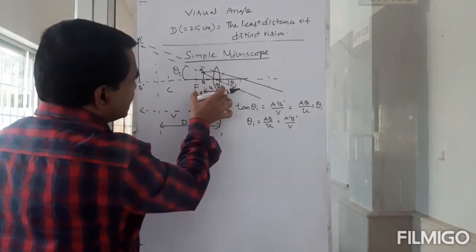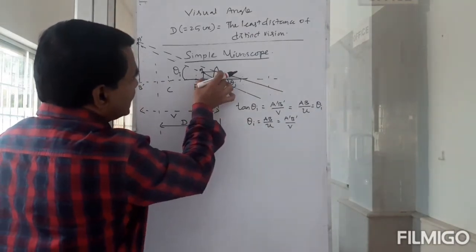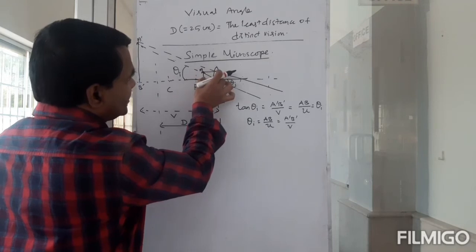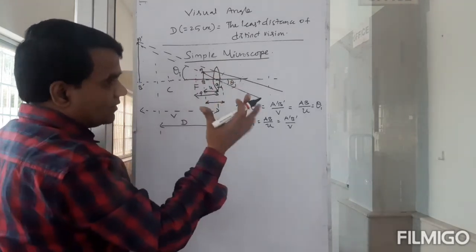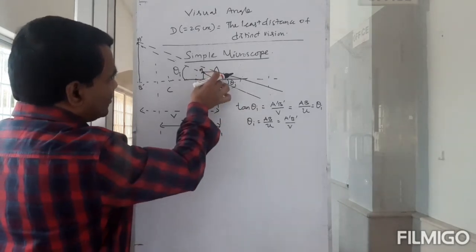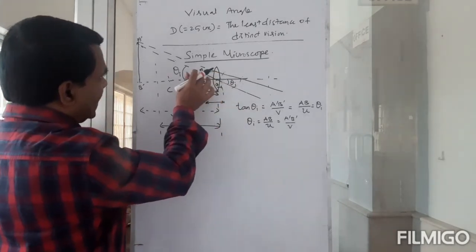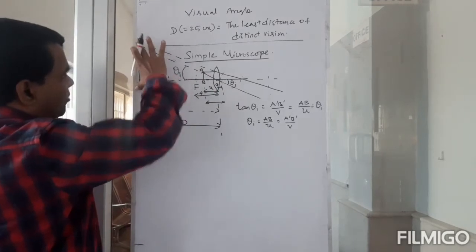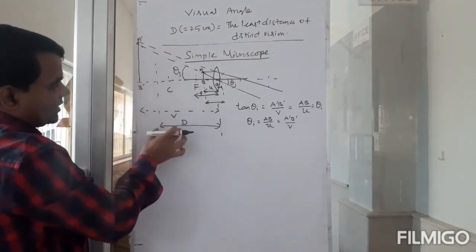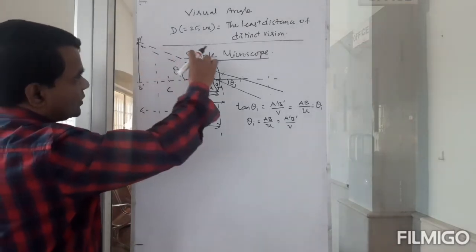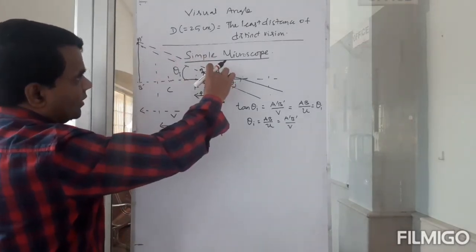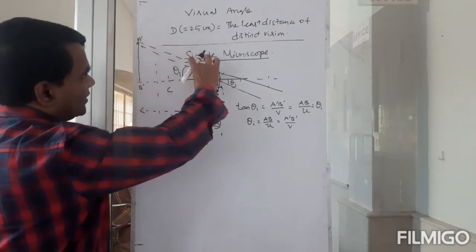So I told you that this is 10 centimeters. So this will be less than 10 centimeters. If you were to look at this object using a naked eye, I can't see it. But then, by keeping it at less than 10 centimeters, I am forming an image which is beyond 25 centimeters, D, it's right here, which I am able to see, and I get a bigger angle.